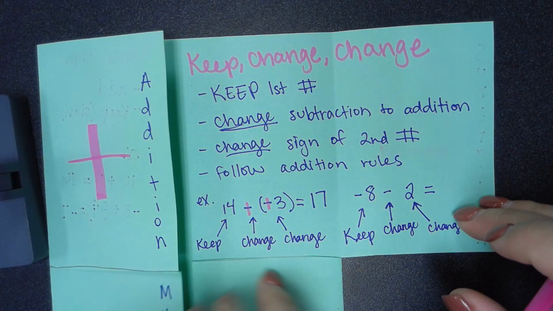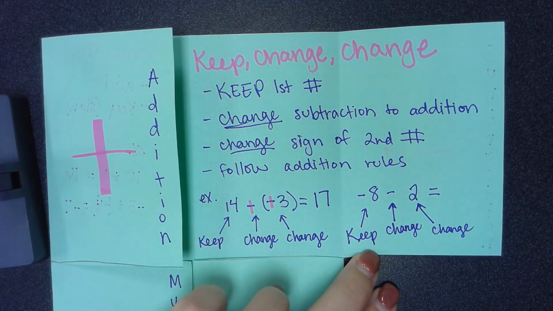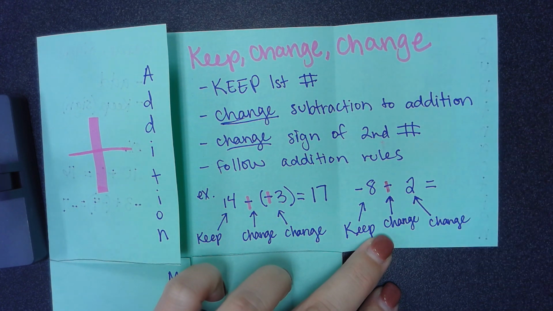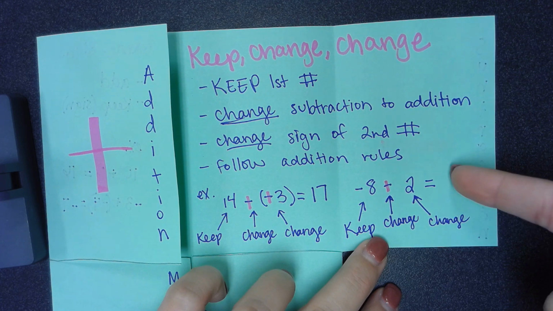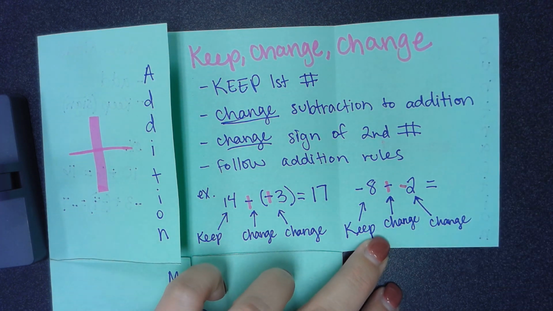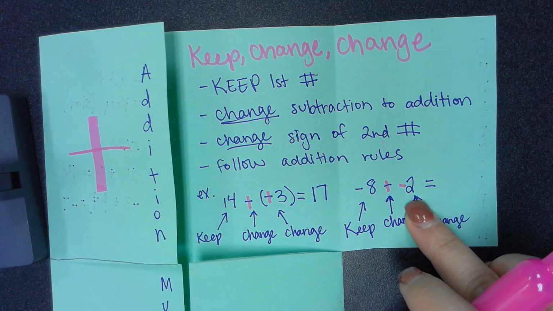Okay, so now that you've had a second, I'm going to keep this -8. It's my first number. Then we're going to change the subtraction sign to an addition sign. And I also have to change the 2. But because it starts off as a positive, I now have to make it a negative. So now I have -8 plus -2.